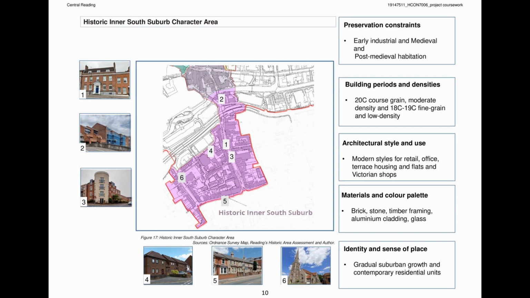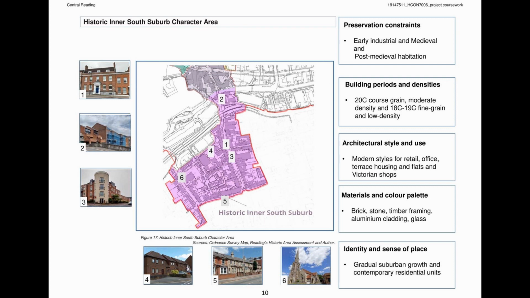The modern buildings, in contrast, are glazed or clad, with some surviving timber-framed medieval buildings visible on the corner plots that meet with lanes that extend back to the rear of the properties and into the side streets. The identity of the area is one of gradual suburban growth with contemporary residential units.